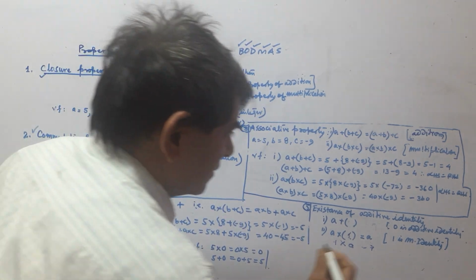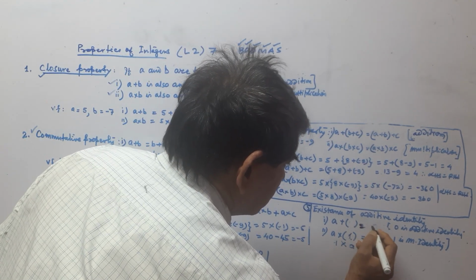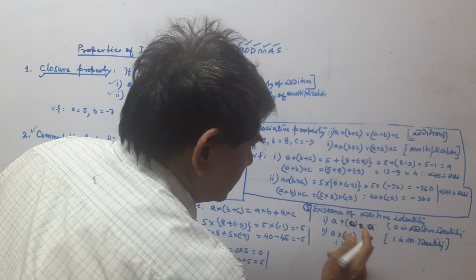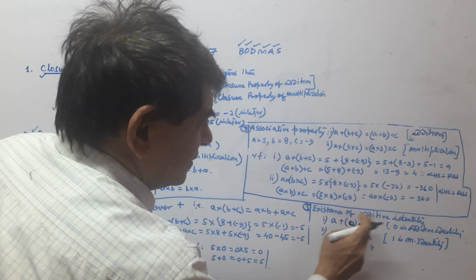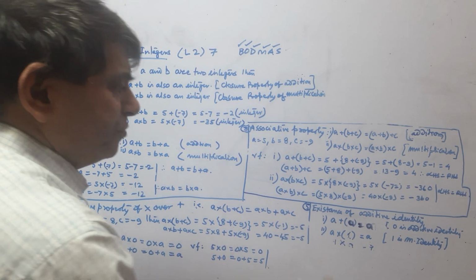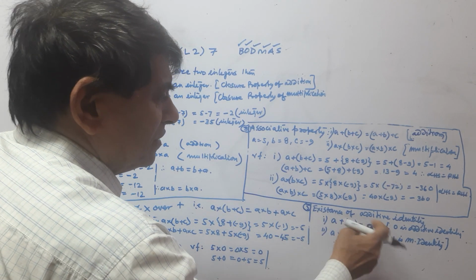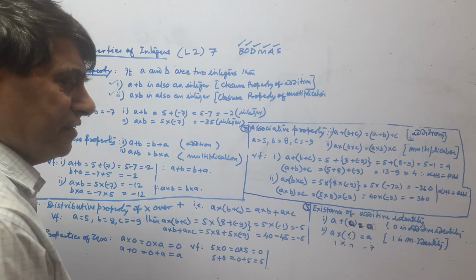I am writing here a. What will be there? This is 0. So 0 is the additive identity. That is, if you add 0 to any number, the result is not changing. So it is the additive identity.